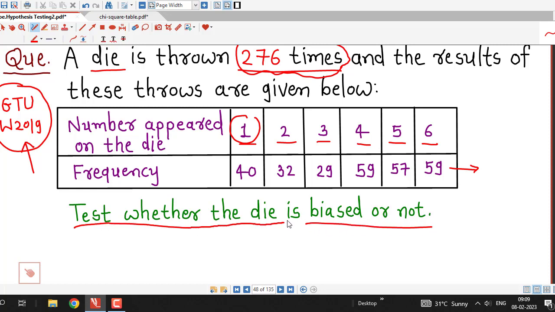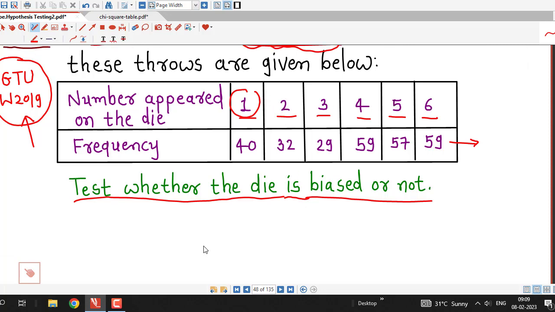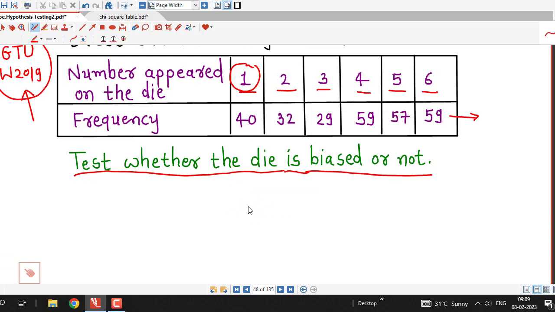We know that a die or dice is not biased if there are equal chances for each of these numbers to turn up. That is, probability is equal for 1, 2, 3, 4, 5 or 6 to turn up whenever we are throwing a dice.